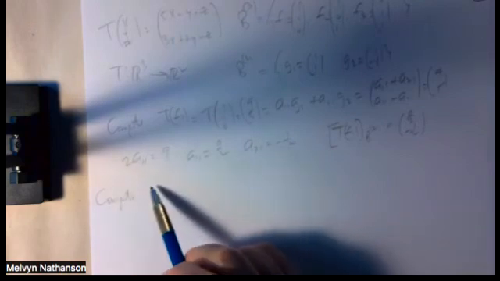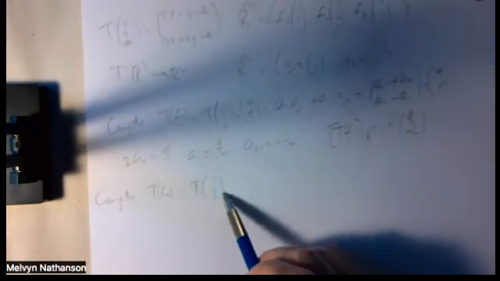I want to compute T of F2, which is T applied to the vector 1, 0, 1. That gives me 6, 2. And I want to write 6, 2 as a linear combination of G1 and G2.